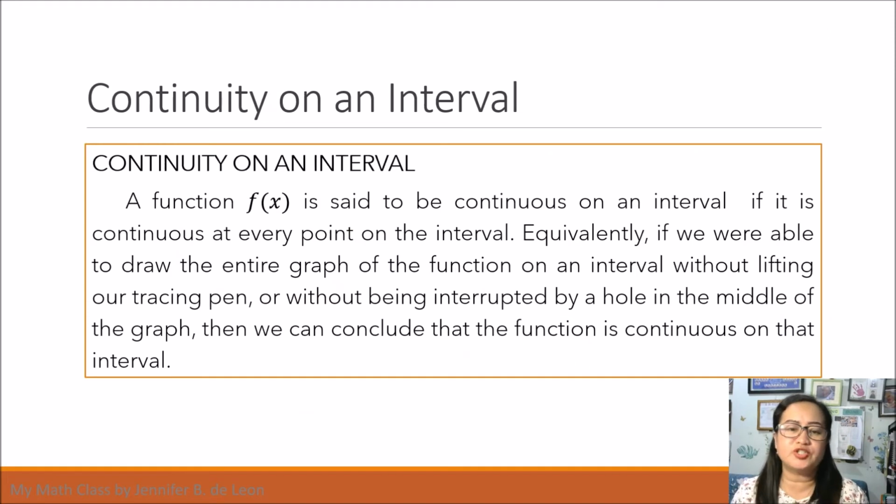Now let's proceed to continuity of a function on an interval. A function f of x is said to be continuous on an interval if it is continuous at every point on the interval.